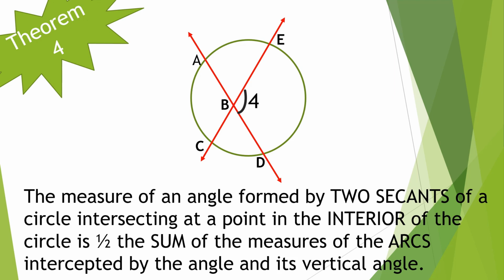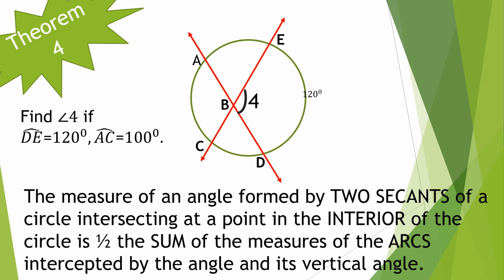So supposedly we have these points. We have the interior point intersected by the 2 secant lines. We have point B, and on the points on the circle we have A, C, D, E. So how do we get that? What is the intercepted arc of angle 4? The intercepted arc of angle 4 is arc DE, which is equal to 120 degrees.